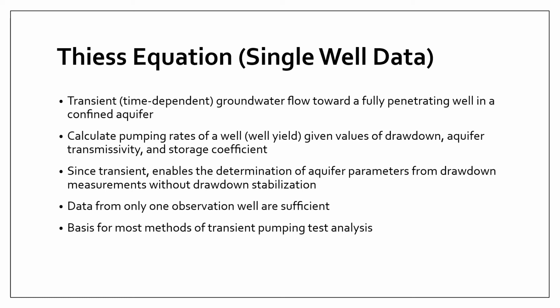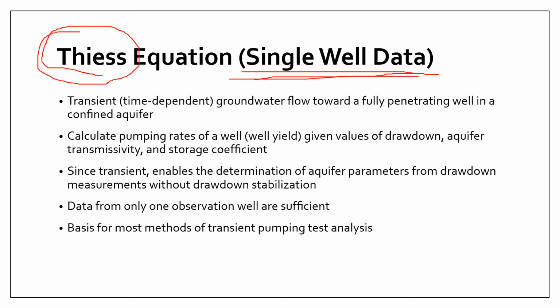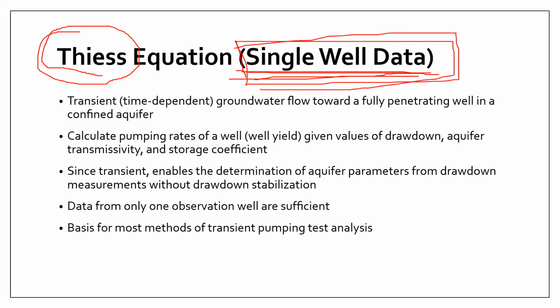Now let's move on to the Theis equation. Don't be confused between the Theim and the Theis equation. The Theis equation is a more practical equation because we can use it for a single well data, so it's cheaper to implement.